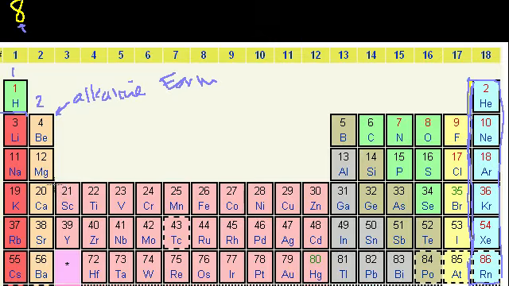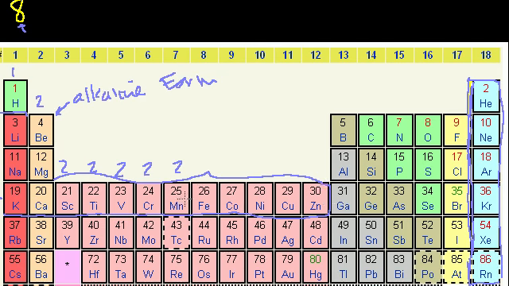And then we learned that this has 2 in its outermost shell, and then all of these elements, which are called the transition metals, as you add electrons, they're just backfilling the previous shell's d subshell, right? So their outermost shell still has 2. If this is the 4th period, all of these elements' outermost shell has 4s2.